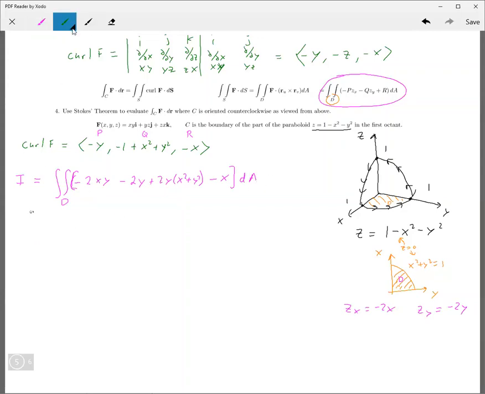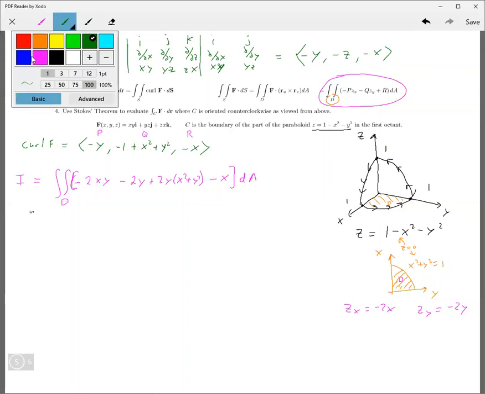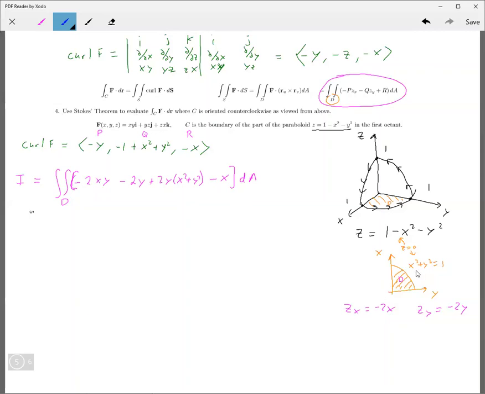Now what I'm going to do is shift to polar coordinates. So x equals r cosine theta, because I want to integrate across this here.